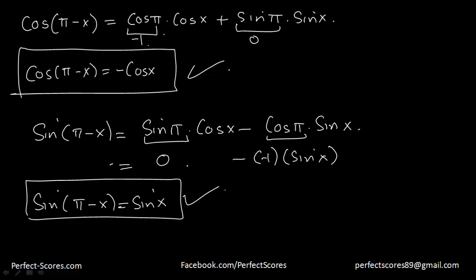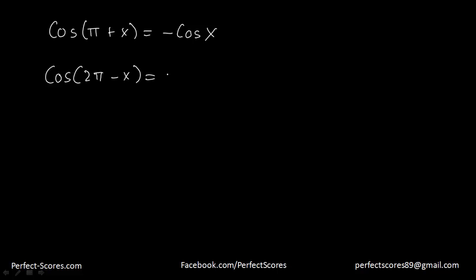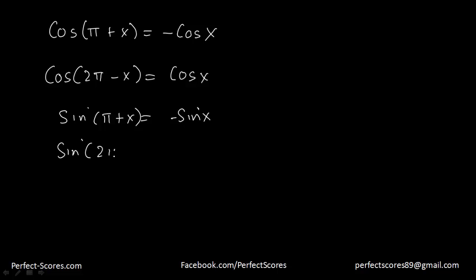A few more important results I would like to write down here, which you can find out on your own. That is, the value of cos of pi plus x is equal to negative of cosine x, and the value of cosine of 2 pi minus x is equal to cosine x, and the value of sine of pi plus x is equal to negative sine x, and the value of sine of 2 pi minus x is equal to negative sine x.